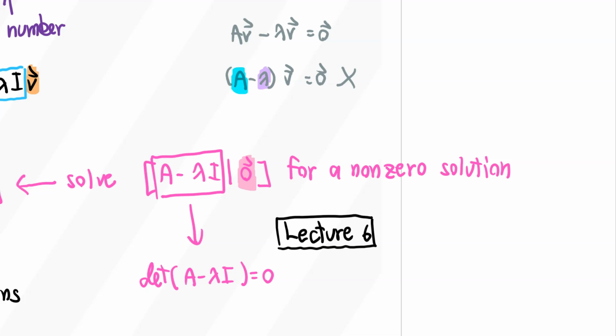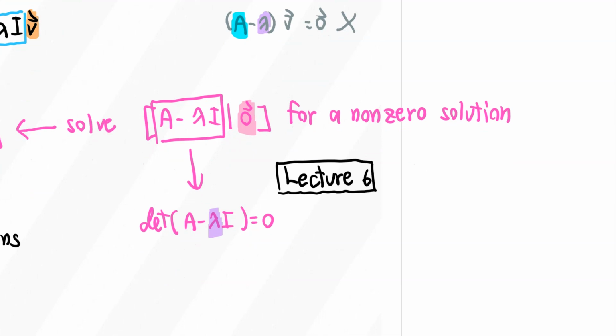So by some kind of twist of fate, because I want my system to have a non-zero solution, that becomes a determinant problem. I would like the determinant of this matrix to be 0. But if we remember again, this lambda is a number. This lambda is actually unknown.